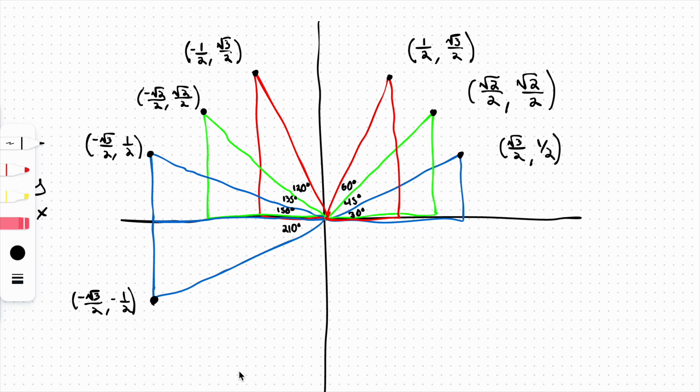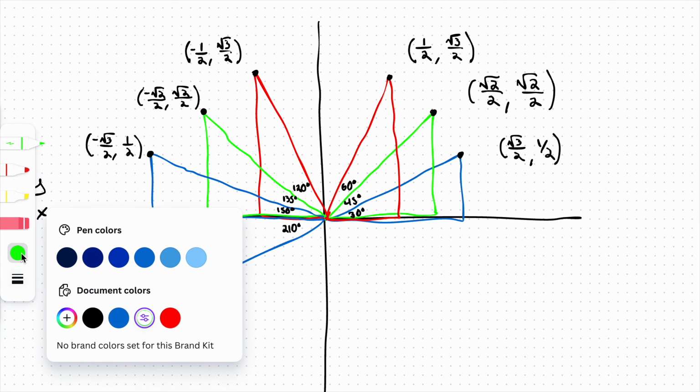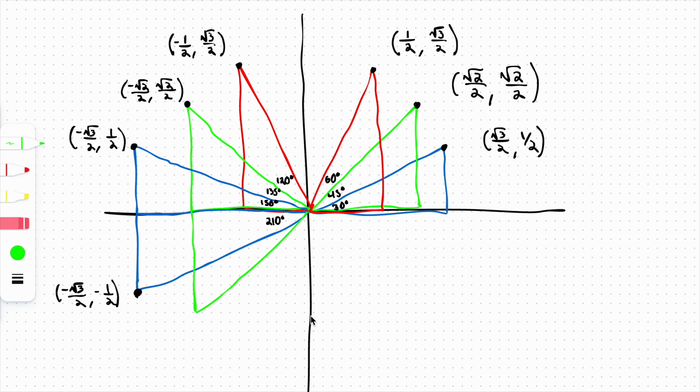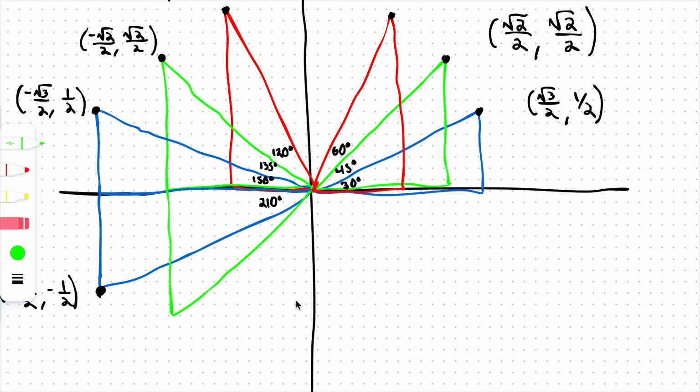Okay. Then let's draw our green triangle. This might have gotten a little bit messed up, but it's all right. So this green triangle, we're going to go about here-ish, I guess. Sorry. Okay. Something like that. Yeah, this definitely got messed up.